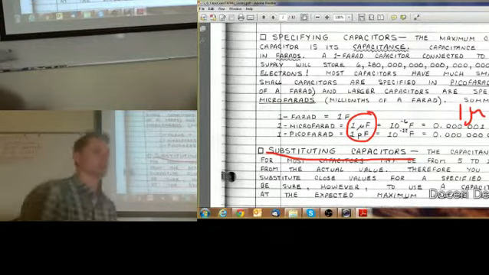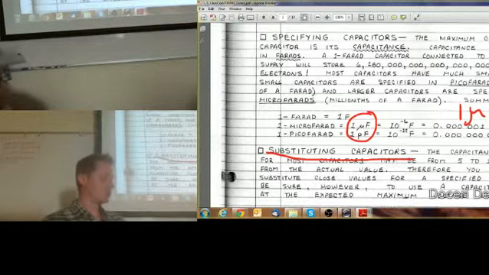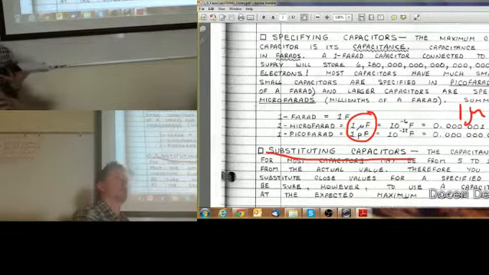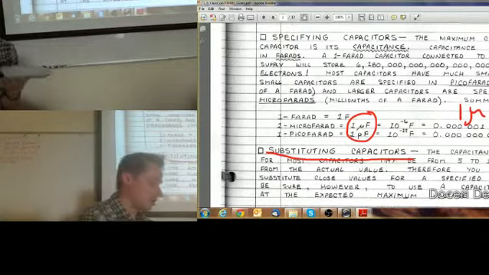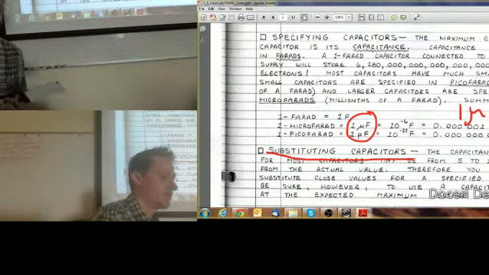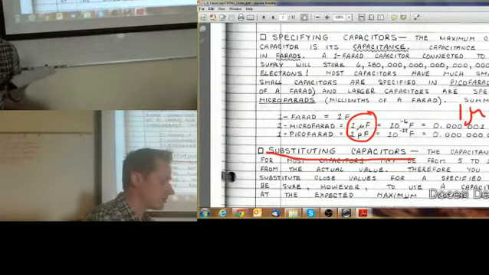Sometimes it's actually plus or minus 50%. So we're not super concerned with accuracy, but 50% is a whole lot different than a 10 times difference. A 10x difference in electronics is huge, but many times a 50% tolerance is completely within reason.